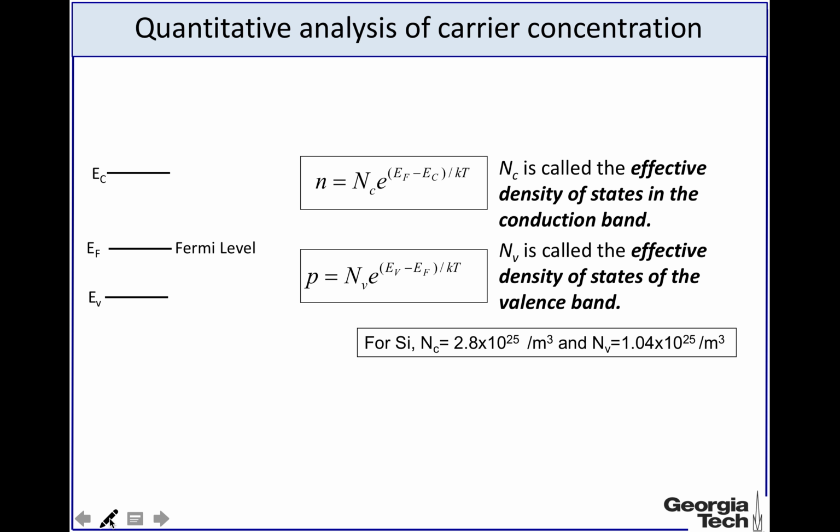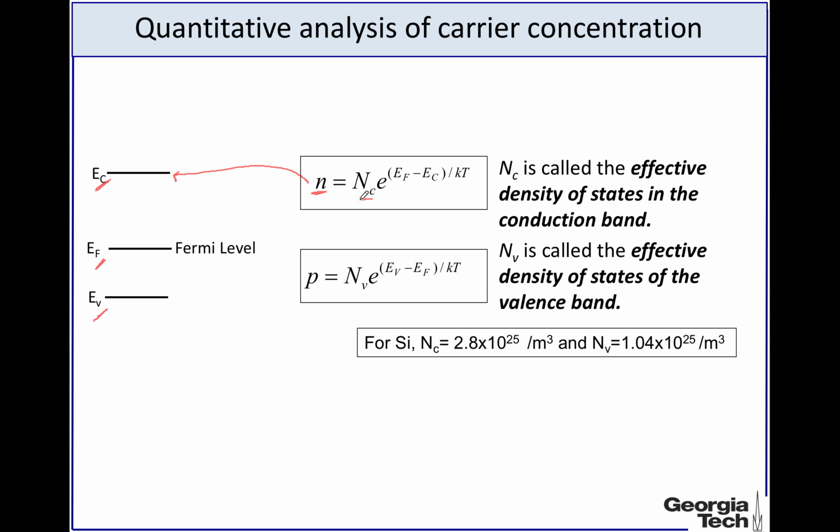In the last lecture we have seen that a semiconductor material can be represented by a band diagram where you have EC, EV and then the Fermi level. The density of electrons in the conduction band is given by n, which equals Nc multiplied by e to the power (EF minus EC) over kT, where k is the Boltzmann constant and T is the temperature.